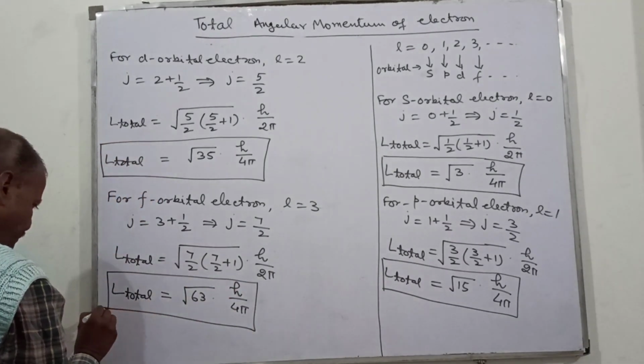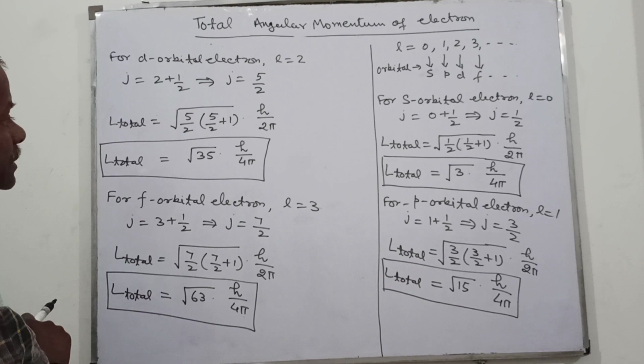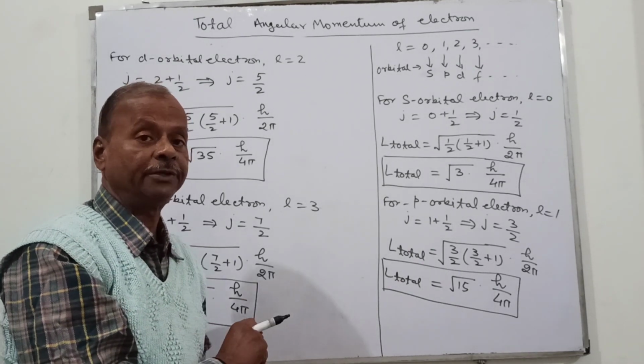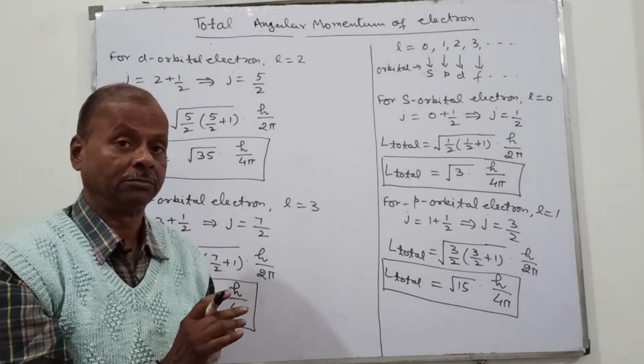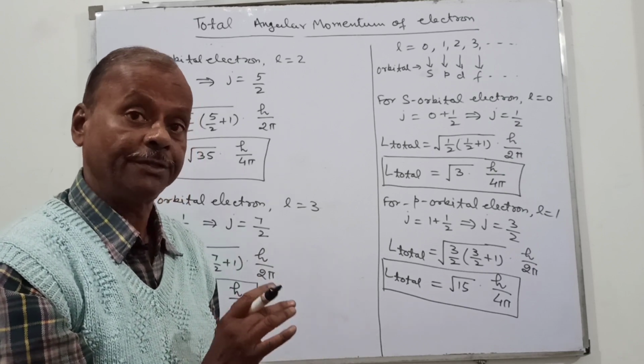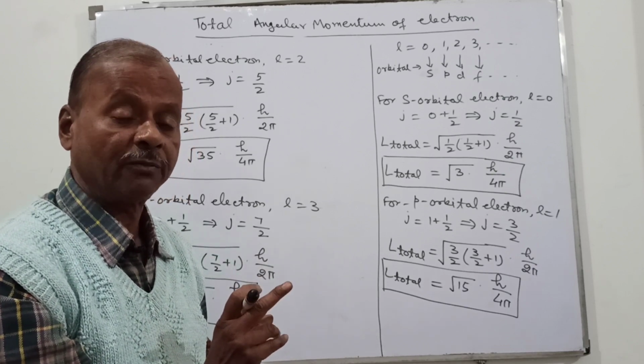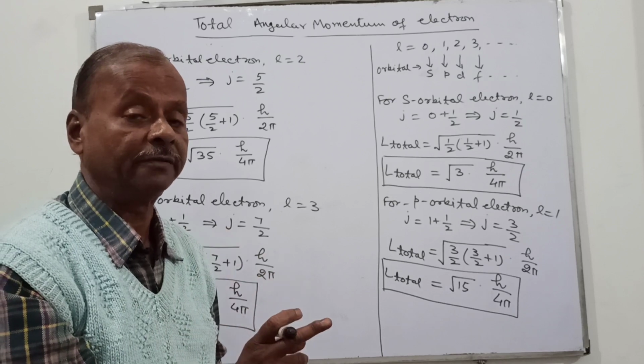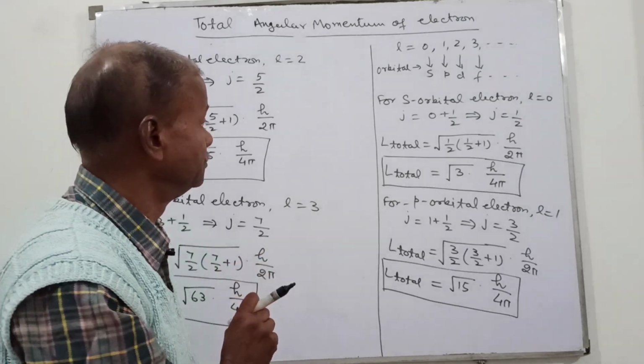Thus you can see that the total angular momentum is never zero, while the orbital angular momentum may be zero. The spin angular momentum and the total angular momentum are never zero.